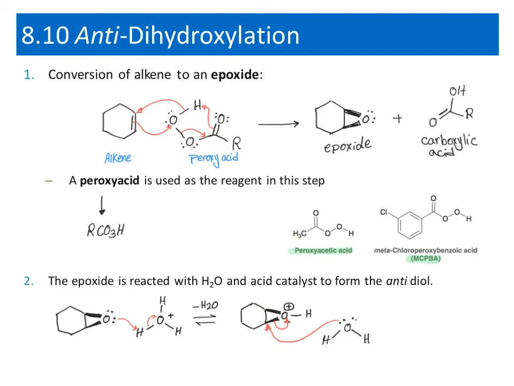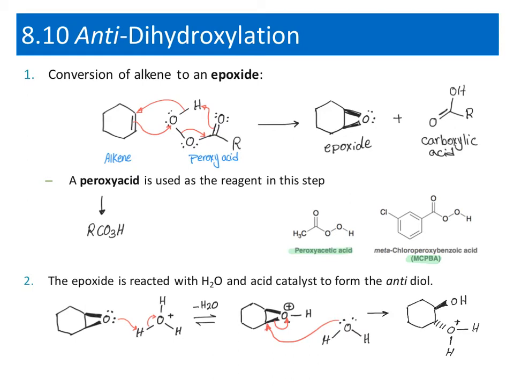Therefore, we are going to form this product. So in the top carbon, the stereochemistry is still in wedge. However, in the bottom, water attacks from the back, so we need to show that in dash.